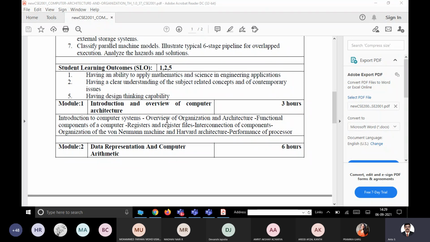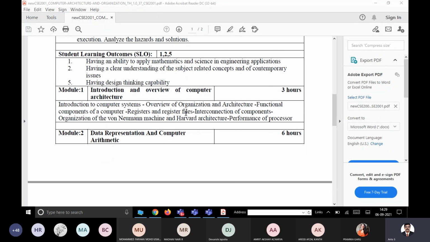First module full, right? Introduction to computer systems, overview of organization and architecture, functional components of a computer, that is, IAS computers and all will come. Registers and register files: you may expect questions about the registers and the working of the entire system.